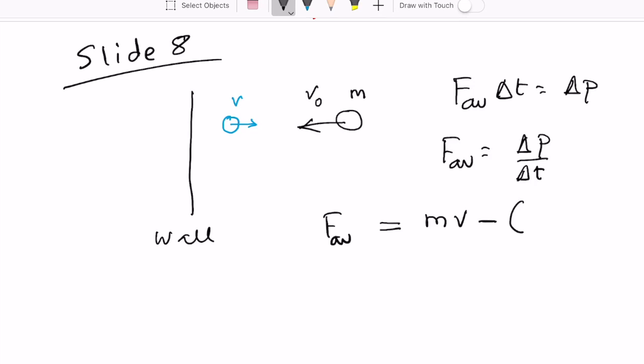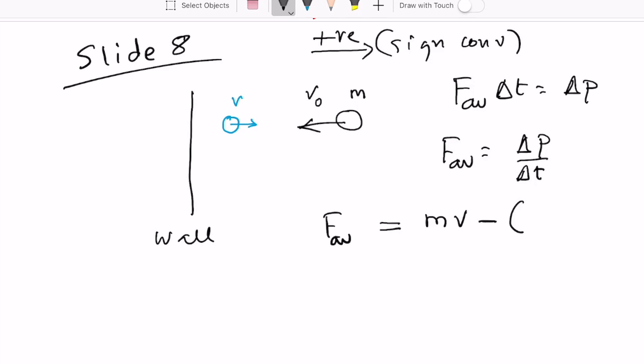In this case, we can just adopt a sign convention that right is the positive direction. So any vector which points to the right should be given a positive sign, and any vector that points to the left should be given a negative sign.